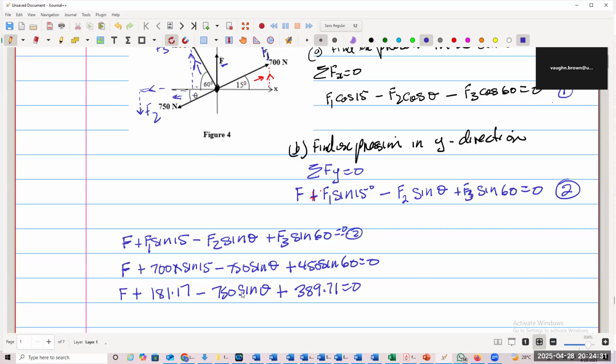So what you have here now, how many unknowns do we have in this expression? Only 2 unknowns. So this expression now we can simplify and say it's F minus 750 sine theta, and the other, you're going to add 389.71 plus 181.17.